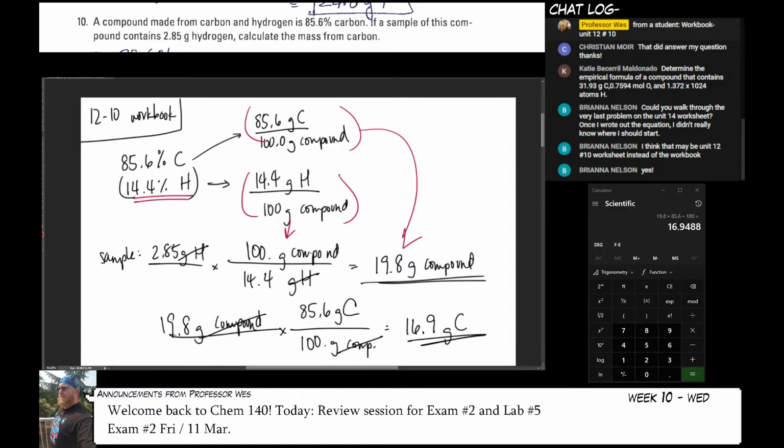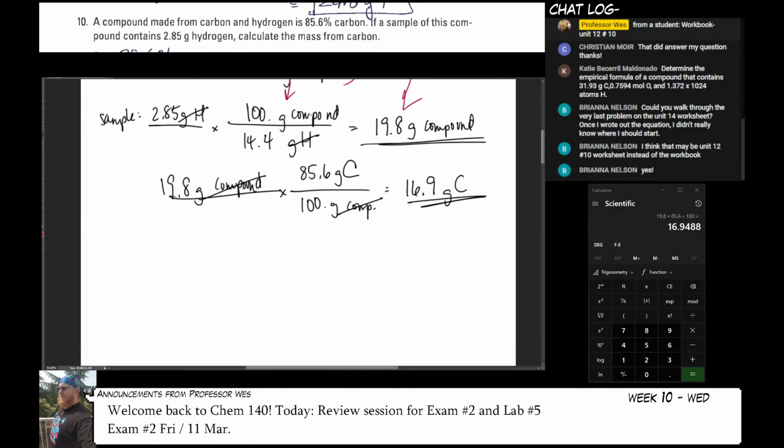All right, so there's that one. Hopefully there aren't any other possibilities for Unit 12, number 10, because I sure can't think of any. But, okay, so we'll just scroll this one off the screen.